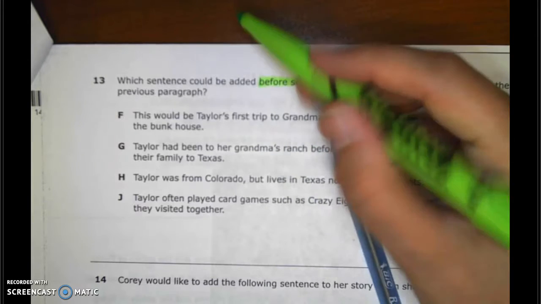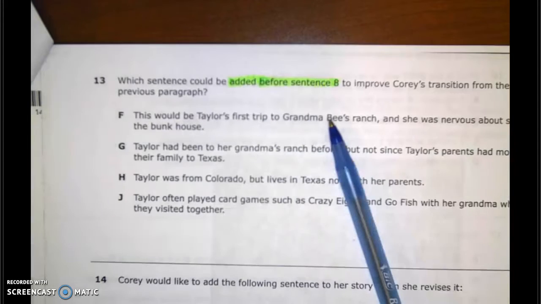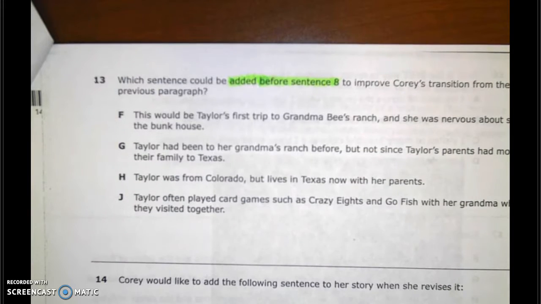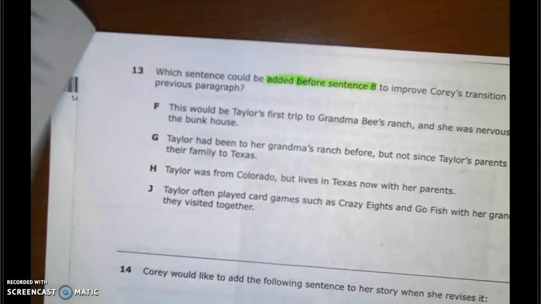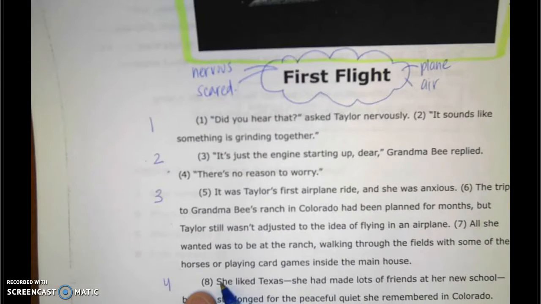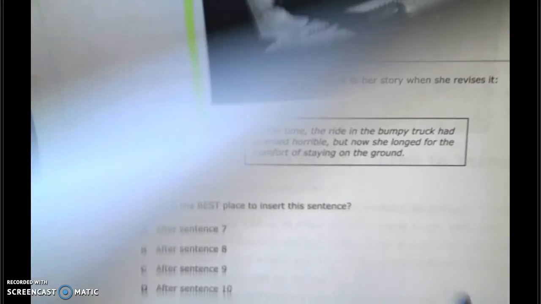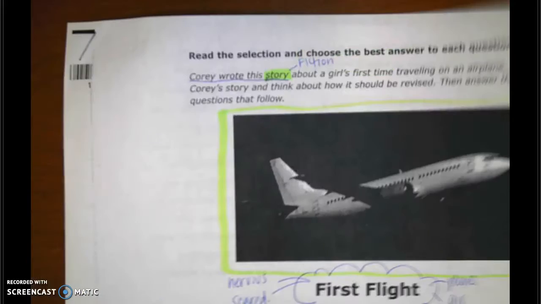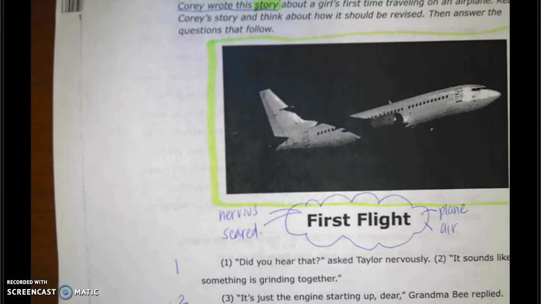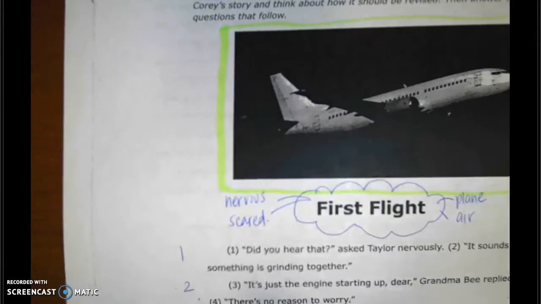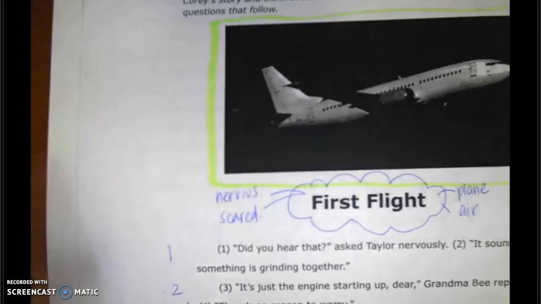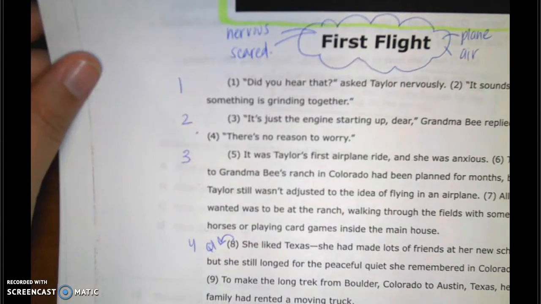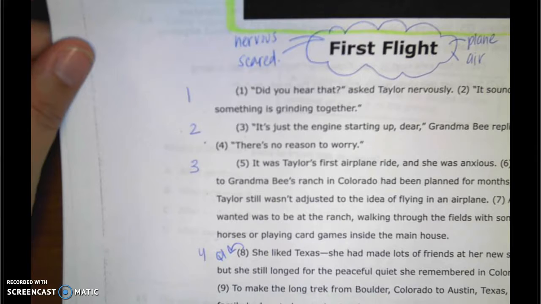We're adding a sentence. So if we're going to add an entire sentence, we need to go over here to sentence 8. Here is sentence 8. And we're going to add a sentence before it. It says to improve Corey's transition from the previous paragraph. Okay, so we're adding a sentence before this. So right in front of that, I'm going to put my Q1 because I'm adding a sentence before sentence 8.